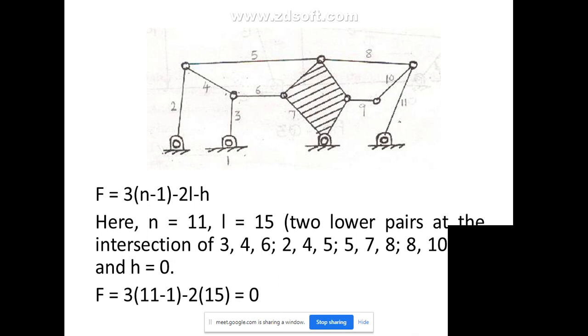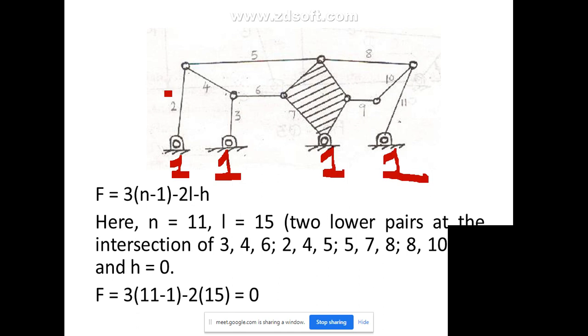Okay, so we'll take the last problem for today. See this problem, a little bit more number of links in this problem you can see. All four bases, which are fixed ones, we will take as number 1. So whichever is fixed we will take as 1.